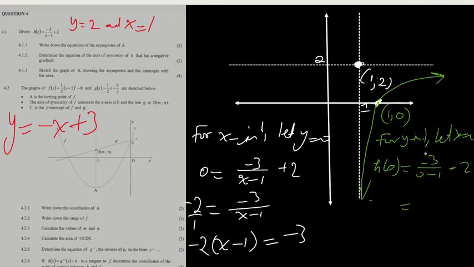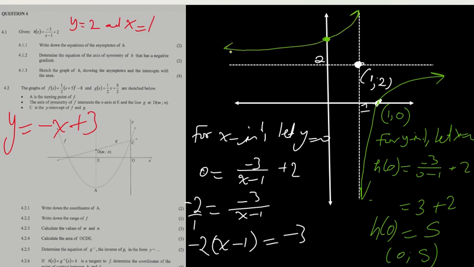So negative 3 over negative 1 is positive 3, plus 2, which is equal to 5, equal to h of 0. So the y-intercept is (0, 5), and 5 is a point somewhere there. Then it will go like that. This is the graph of h.